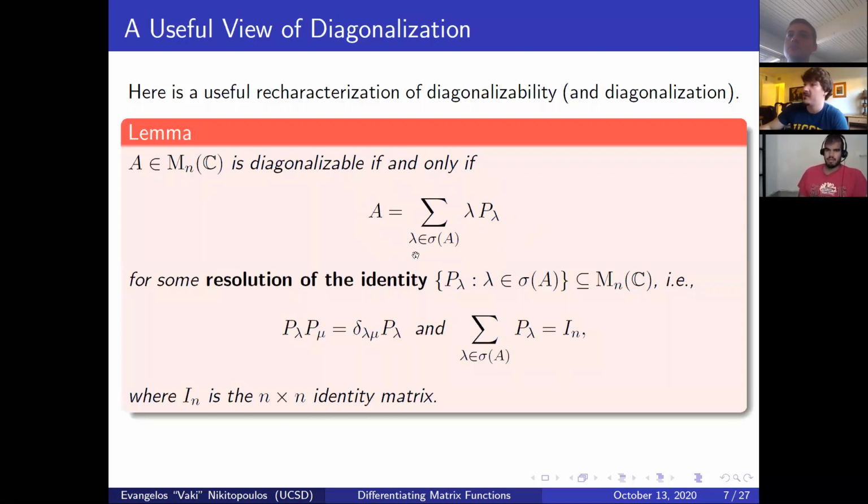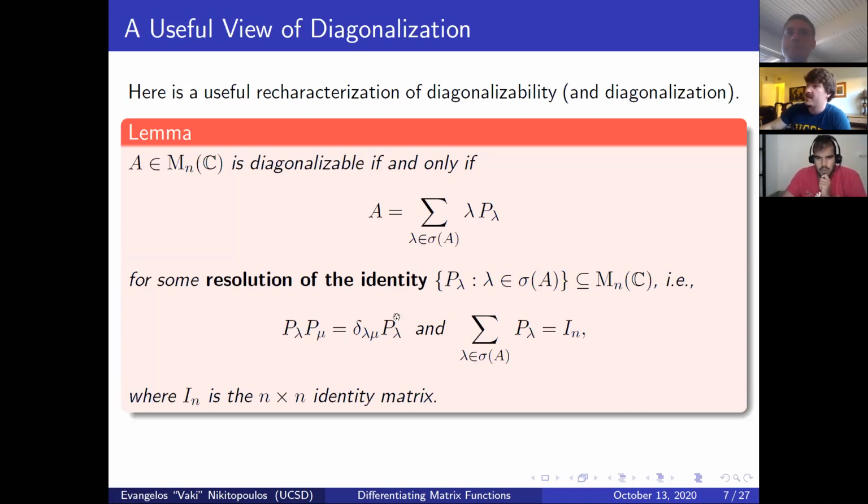So it's a decomposition into a sum over its eigenvalues of lambda P_lambda, where this set P_lambda is some n by n matrices that are called a resolution of the identity. And what does that mean? It means first that they sum up to the identity matrix, I_n, and that second, when you have distinct lambda and mu, P_lambda P_mu is 0, and when you have the same lambda and mu, you get P_lambda squared is P_lambda.